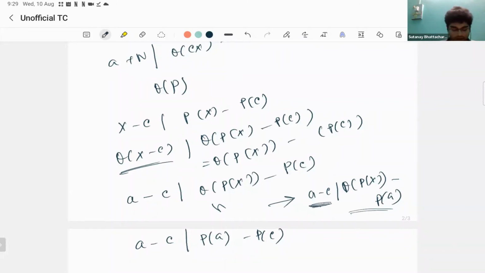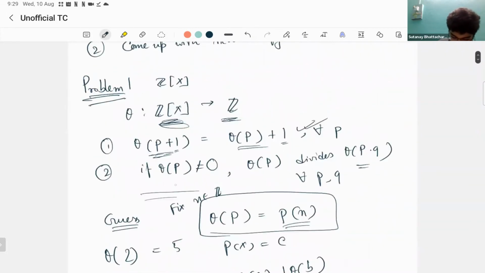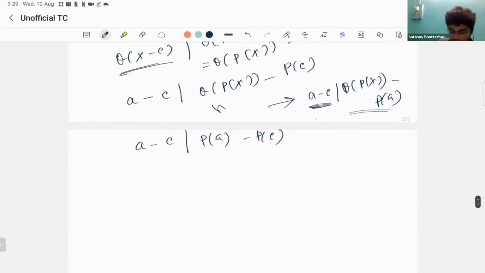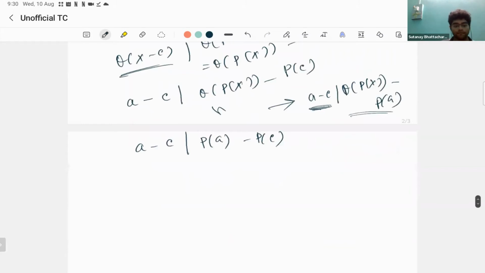When writing this, there are certain cares to be taken because this condition had the caveat that theta p cannot be 0. So this doesn't hold if c is equal to a, but this is infinitely many integers, so that's not to worry about. When writing that, it's a good idea to take note of these final points.